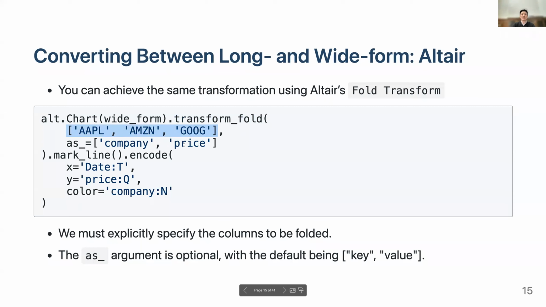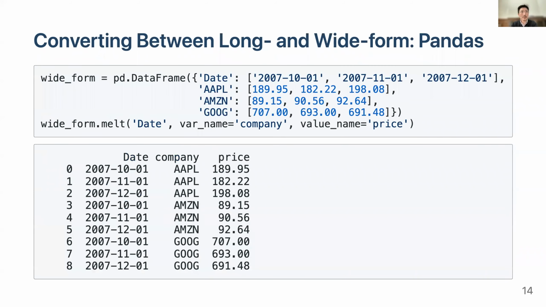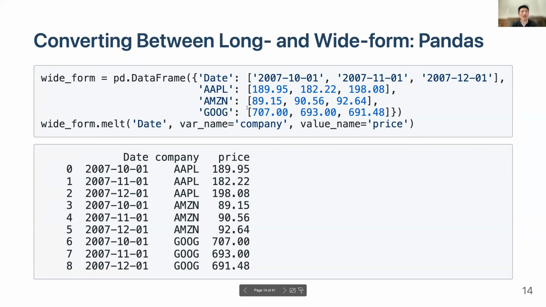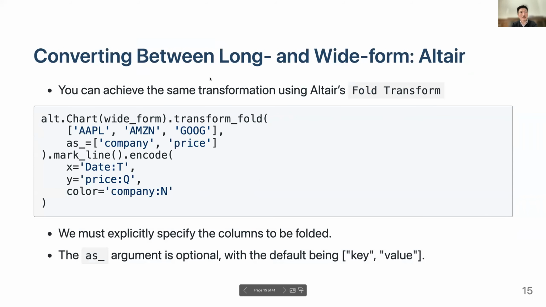Okay, we don't really have time to cover a bit more details, but essentially it'll give you something very similar to this format. And then the rest from here will be very similar as before. You specify the mark, which is a line, and then define the encoding. And the X will be the date, so this will be the dates from the original data.